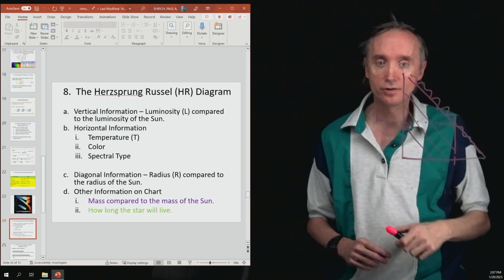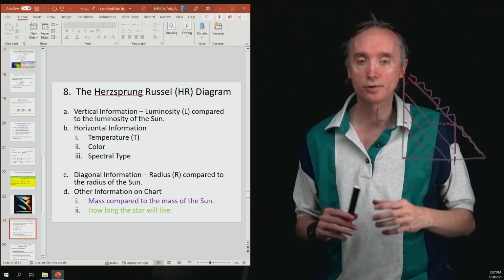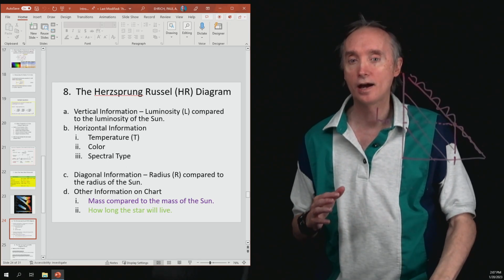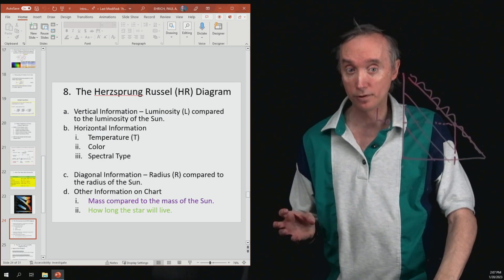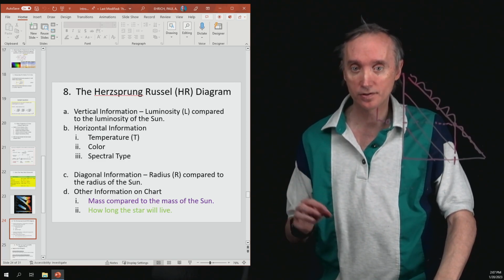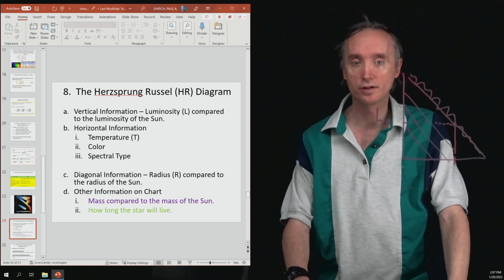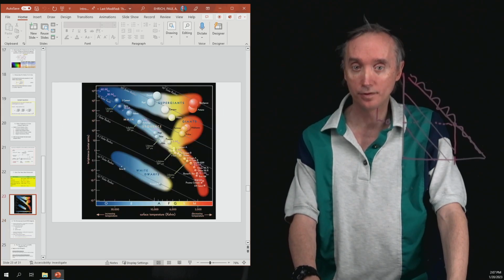And then you'll also notice that there are some green numbers, and those green numbers indicate how long that star is going to live. Because stars are born, stars live, and then stars die. So this is going to tell you how long that star is going to be living. And that's in green on this chart.